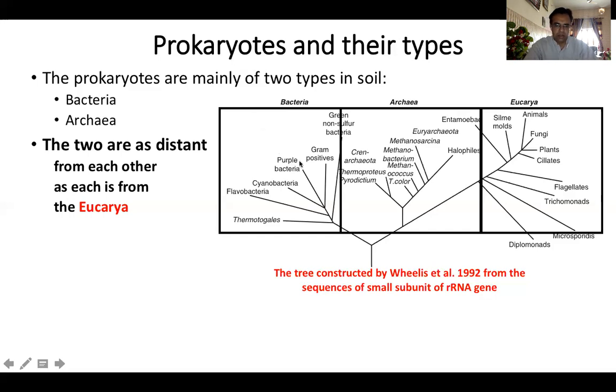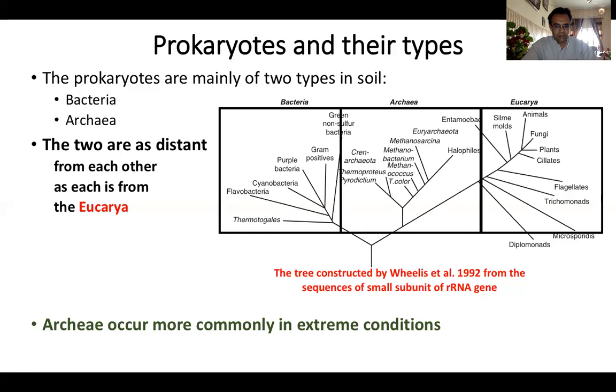So bacteria and archaea are quite distantly placed. They are genetically different. The archaea occur more commonly in extreme conditions, such as in salt affected areas, or in hot springs, or in deep sea environments, etc.